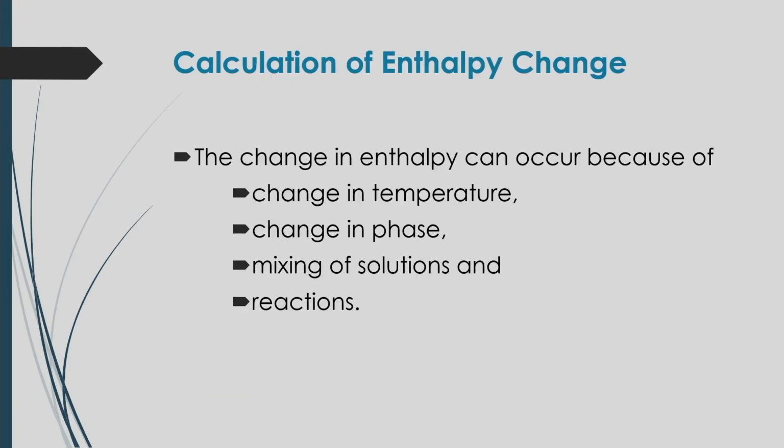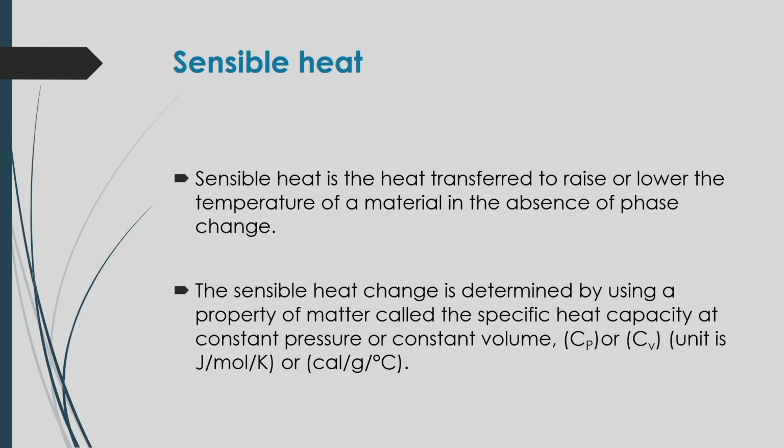This calculation of enthalpy change, based on the internal energy change, can occur because of change in temperature, change in phase, mixing of solutions and reactions. This enthalpy also can be regarded as a sensible heat. This is basically a heat transfer to raise or lower the temperature of a material in the absence of phase change.